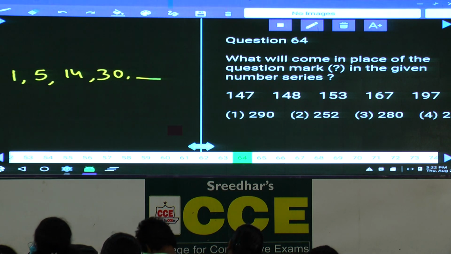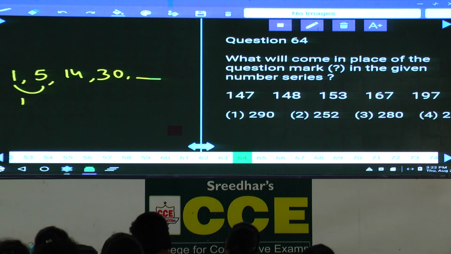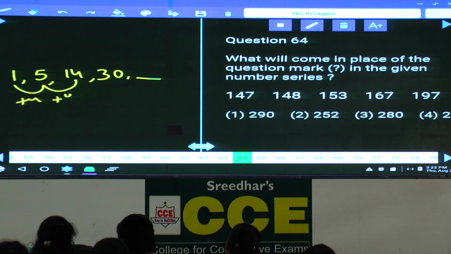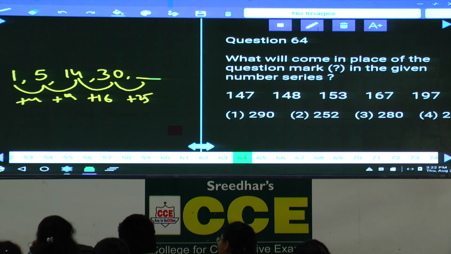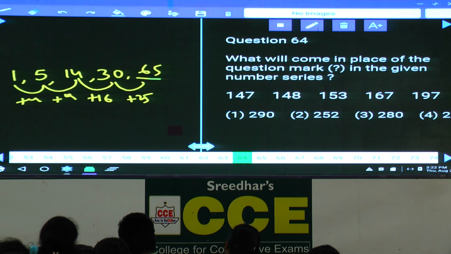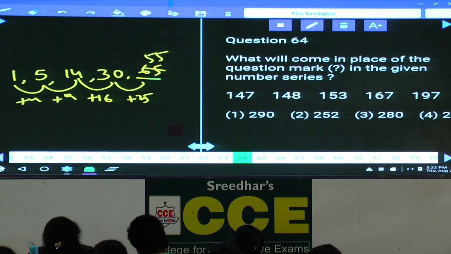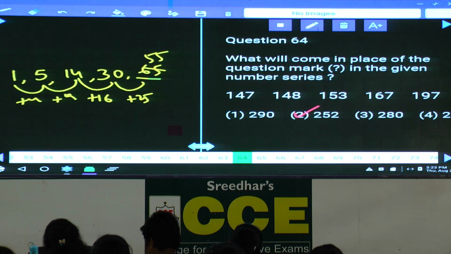Again now we need to identify the difference: 1 and 5, 4 and 5 and 9 and 16. You can go on like that. Now plus 25, 30 plus 25 is how much? 55. And 197 plus 55 is how much? 55 should be added. Now if you add 55 to this one, 253 or 252, 252. Now 252, that is choice 2.